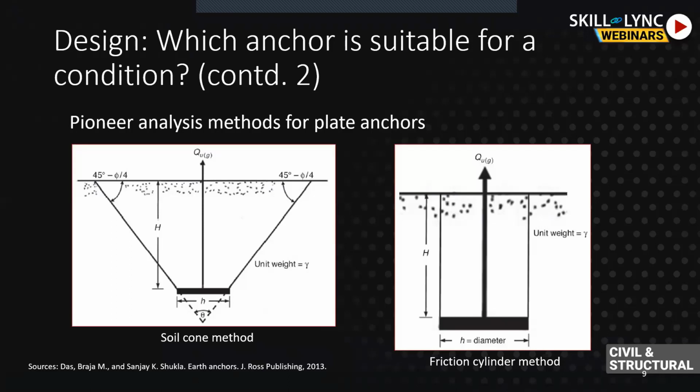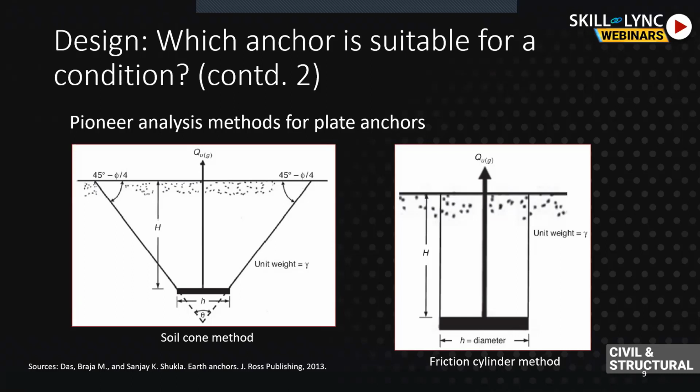Here we have an anchor, and as we are pulling it out, we apply some kind of pressure triangle here. This pressure triangle gives us a specific diagram of what is resisting the anchor. And then there is the friction cylinder and the soil cone. In the soil cone we have a triangle, and in the friction cylinder we just have a simple cylinder.